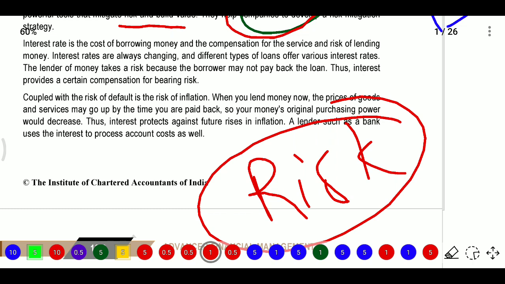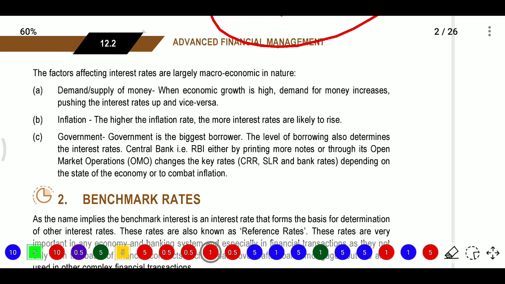When you have lent the money and do not have it, and the price of the goods you purchase has increased, then your purchasing power will decrease. If we want to protect against future rises in inflation, then we need to use derivatives. So to avoid inflation risk or interest rate risk, we are using derivatives.